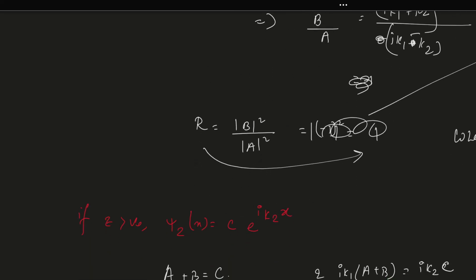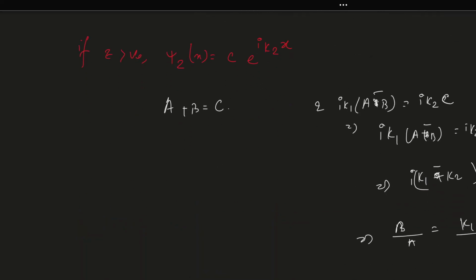But in this case, because the derivative has A minus B, i k1 A minus B equal to i k2 A plus B. So i k1 minus k2 A equal to i k2 plus k1 into B. So B by A equal to k1 minus k2 by k1 plus k2.